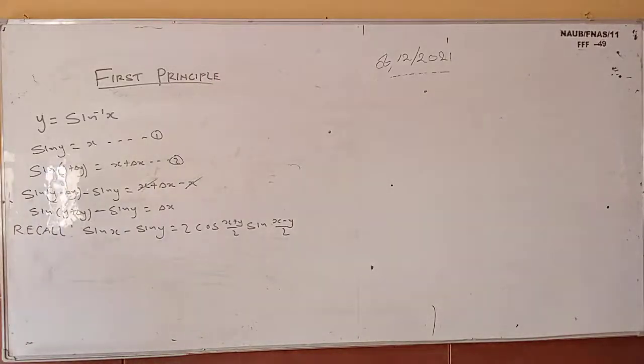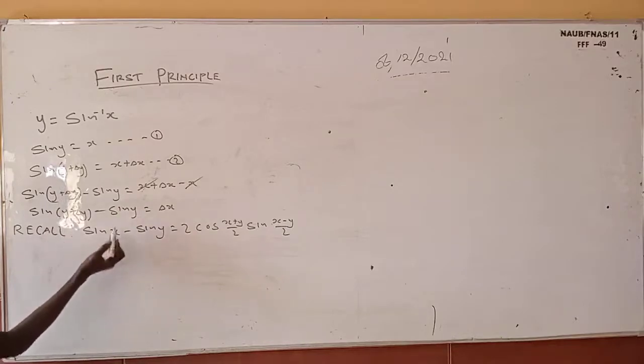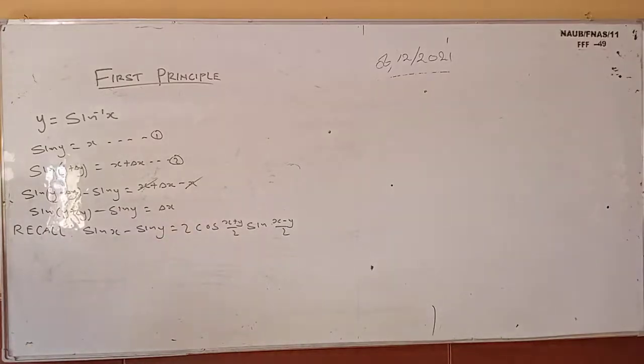So now we are going to compare and contrast. So how do we do this? It means that y plus change in y will be equal to s, and y is still equal to y. You get that?